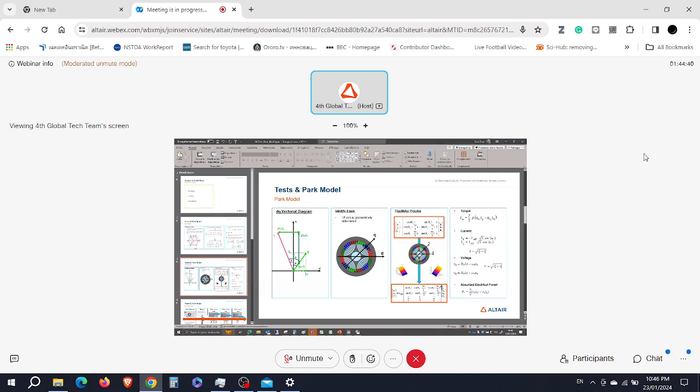And once you have these maps, phi A, phi B, phi C, we will apply this Park transformation in order to have phi D, phi Q. We are going to do the same thing for IA, IB, IC with the Park transformation, to have ID and IQ. Then we have ID, IQ, phi D, phi Q, and we can compute the torque from these parameters.